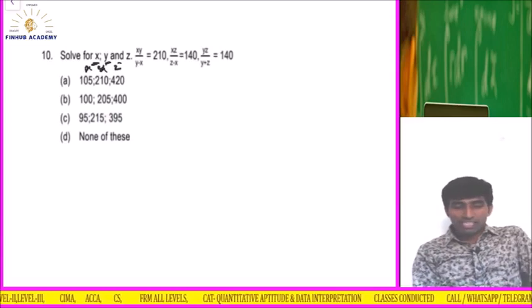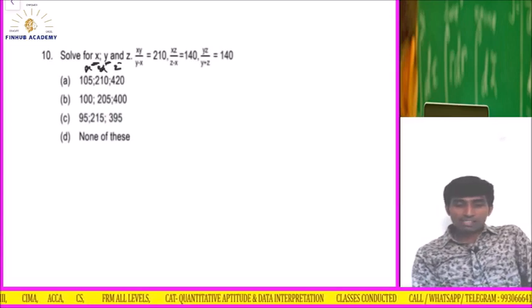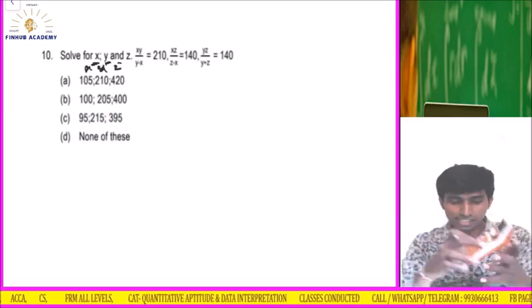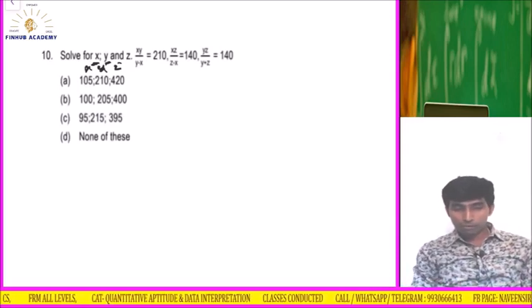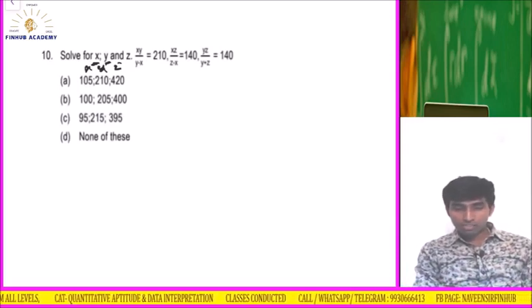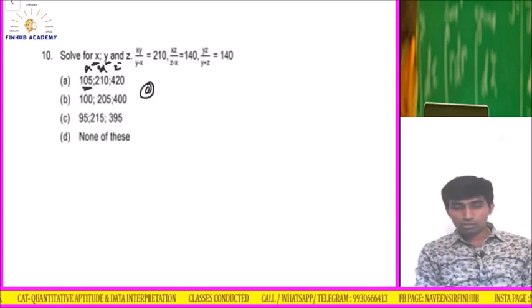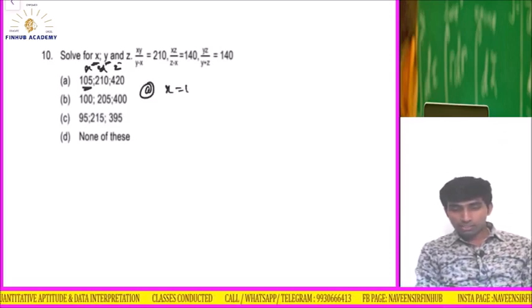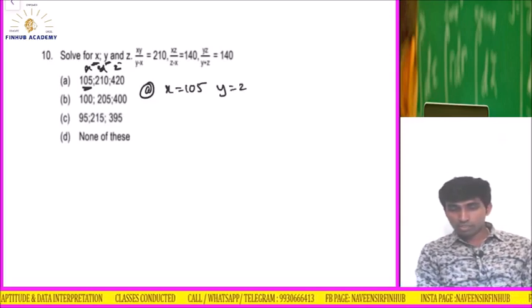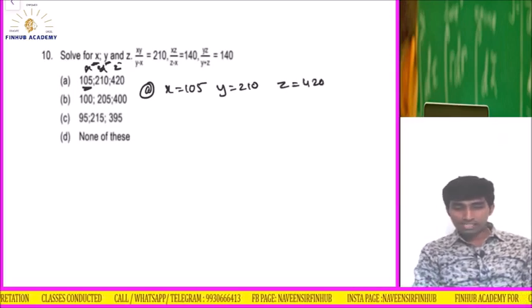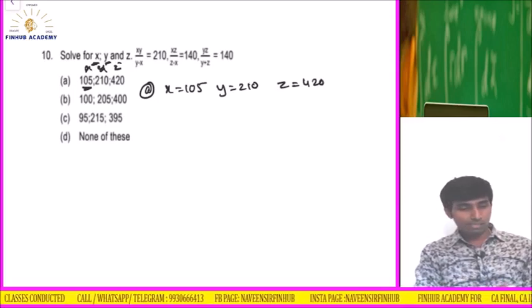So let us check. X into Y upon Y minus X is equals to 220. So let's use the calculator. X is how much? They are saying 105. So let us use option A. X is equals to 105, Y is equals to 210 and Z is equals to 420. So X into Y means 105 multiplied by 210.